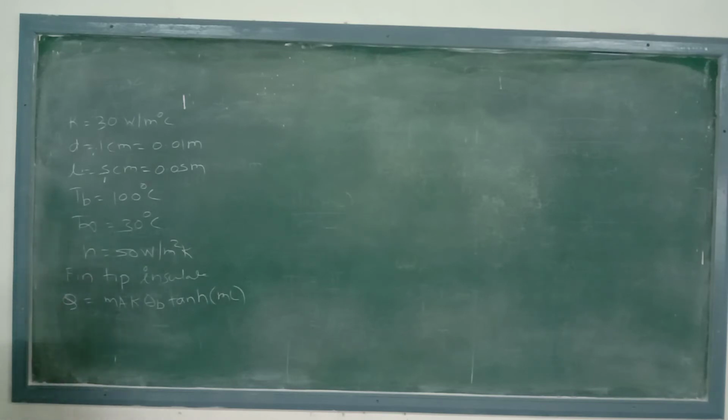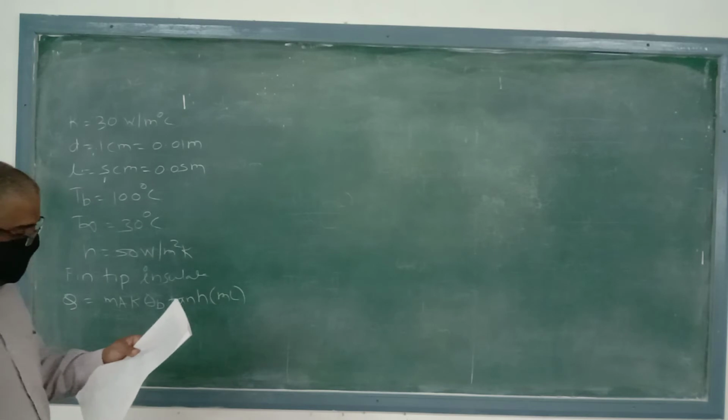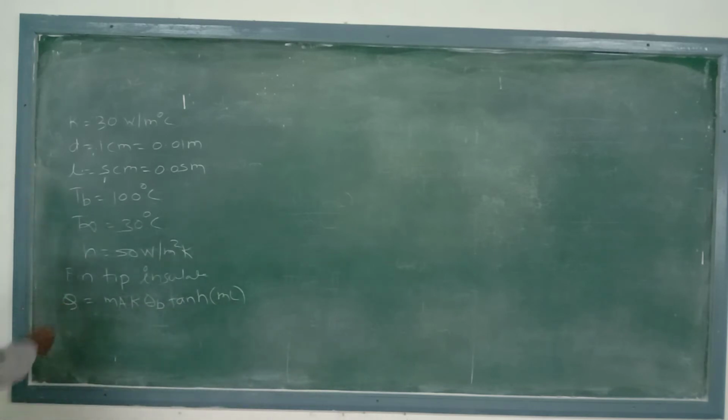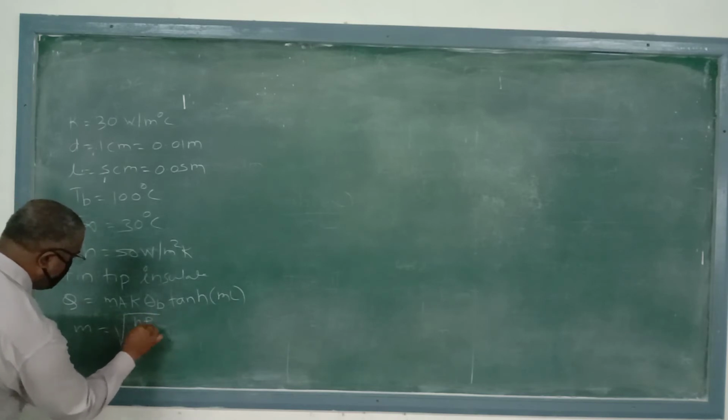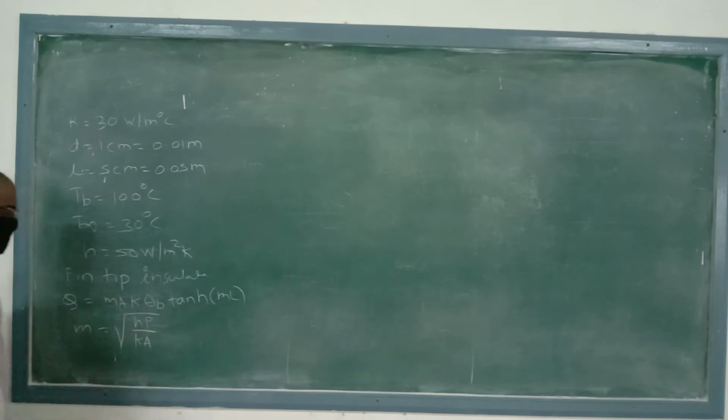In this formula we calculate the heat dissipation, but we require the value of m, the value of cross section area, then k, thermal conductivity, which they have mentioned in this problem. Theta_B we can calculate, and tanh(mL). So first we are going to calculate the value of m, which is equal to the square root of hP by kA.